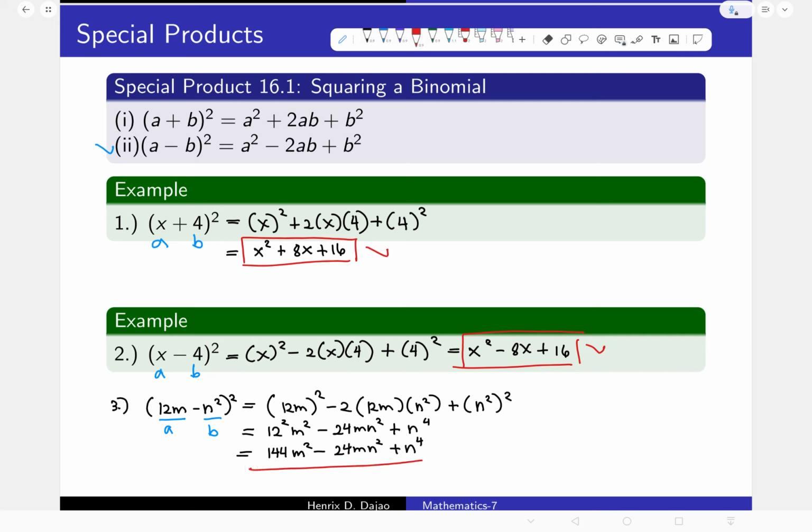So this is our answer. Since we cannot simplify it further, that will be our answer. Preferably, we must have a simplified answer. So that's how you apply the special product.